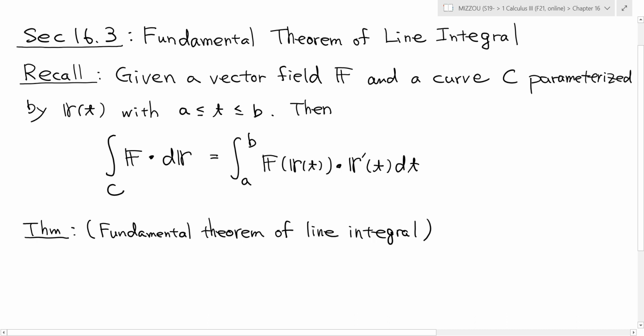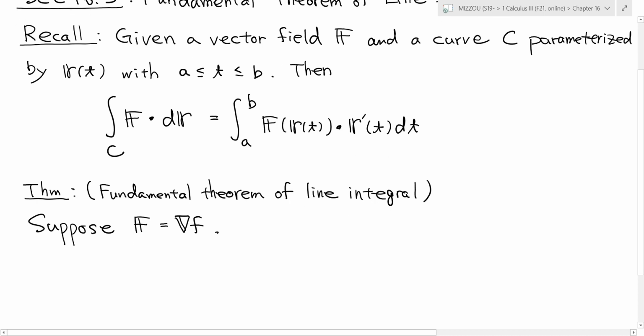First of all, as a special case of vector field, we know what's called a gradient field. Now, suppose that our vector field F is of the form gradient of some scalar valued function f. So this is a very special kind of vector field.